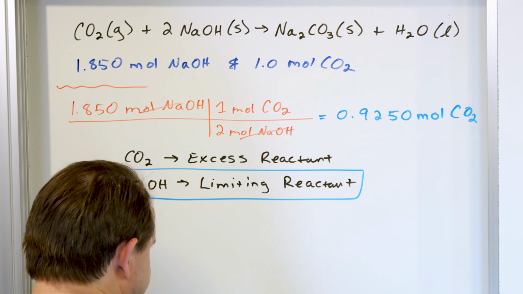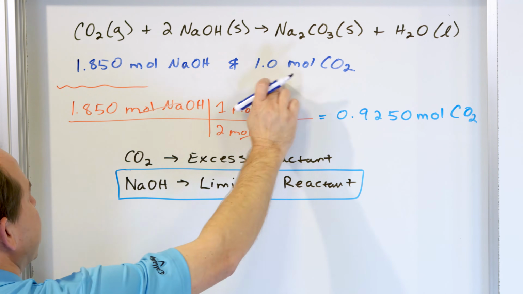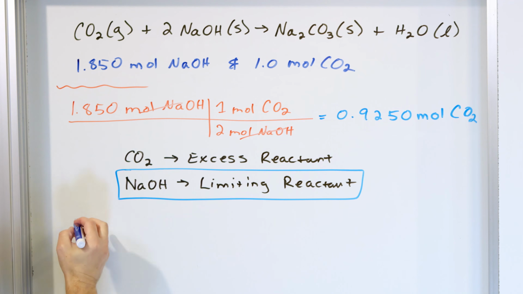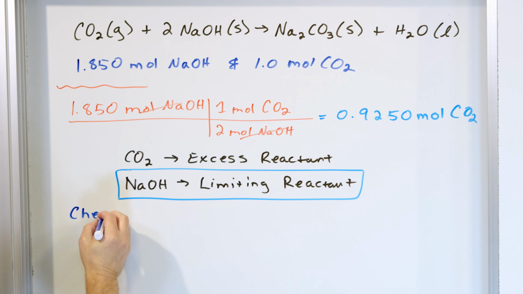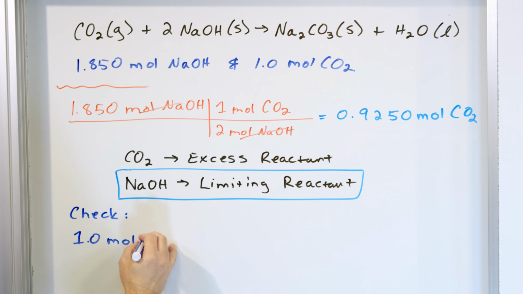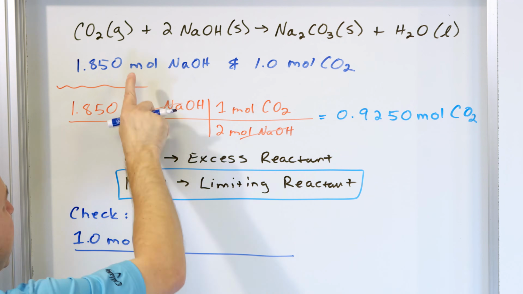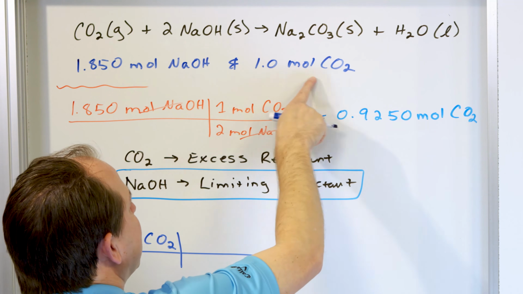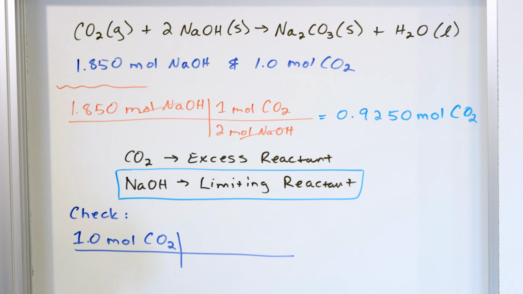So what we're going to do is come down here, and we're going to start instead, just to check, we're going to check these results by saying 1.0 moles of CO2. According to this chemical reaction, if I really do mix this amounts together, if I start with this much, how many moles of sodium hydroxide will I actually need in order to pull off this reaction?